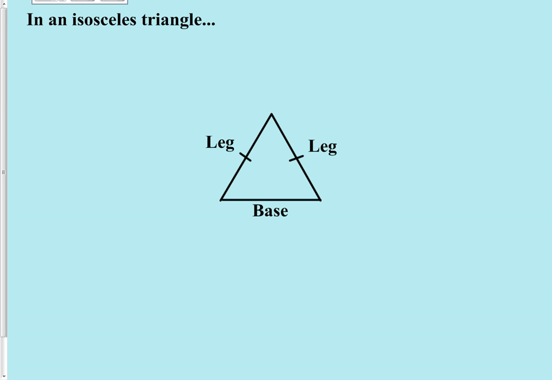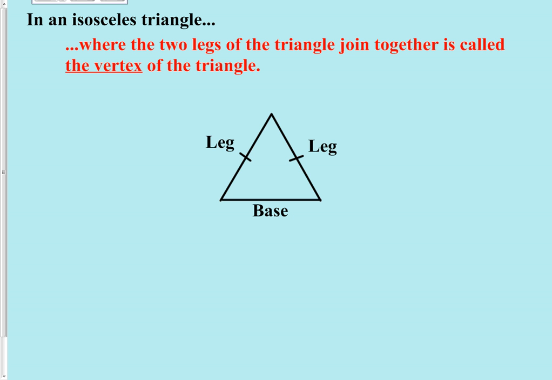All right, in an isosceles triangle, this is what your current diagram should be looking like at this point. Now, where the two legs of the triangle join together is what we call the vertex of the triangle. The word vertex is not an unfamiliar word.